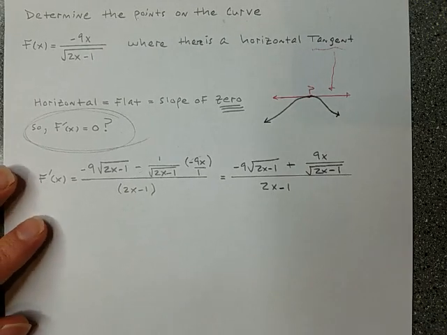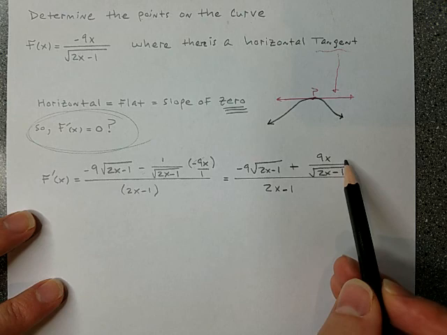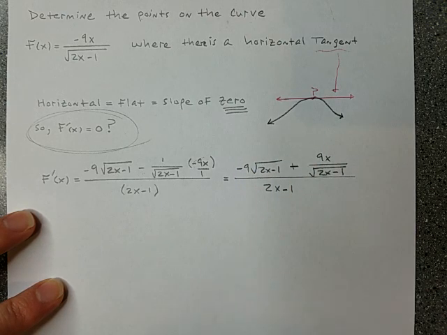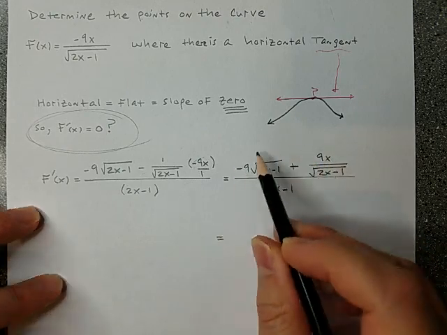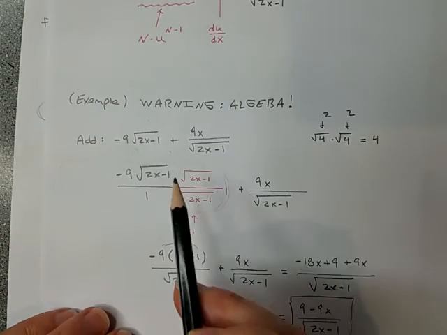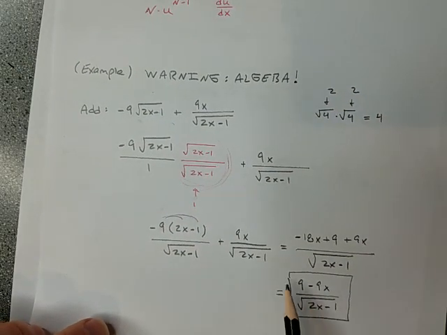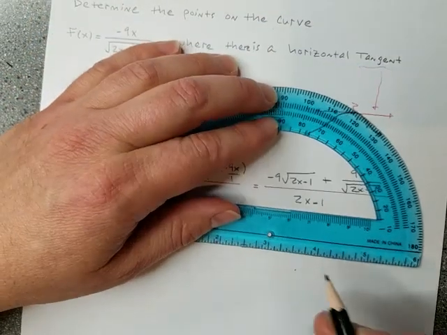I'm afraid that would complicate it more than it needs to be. So I have already worked that part at the beginning of the video. That top part, just the top part, which you see right here, if you reduce that, you will end up with this.